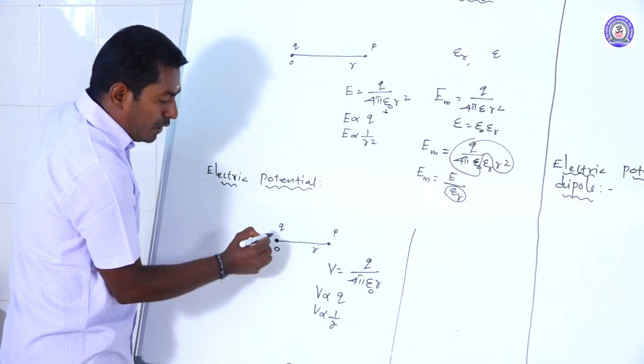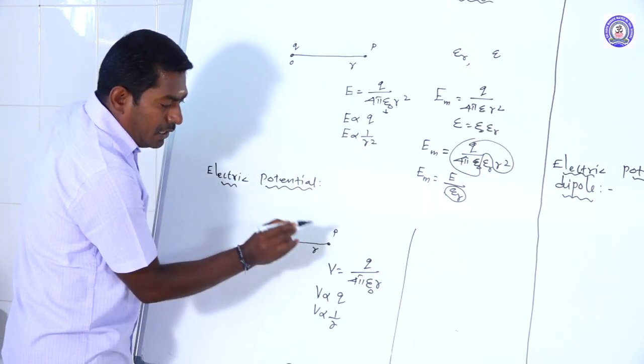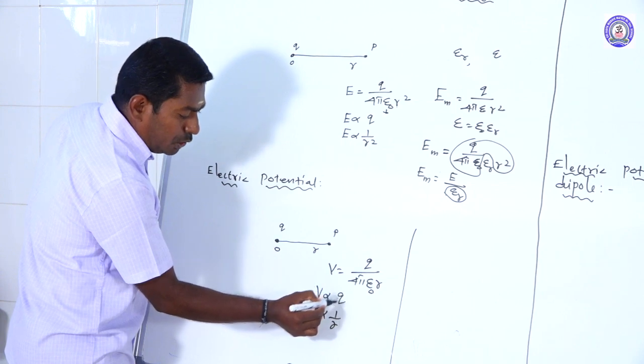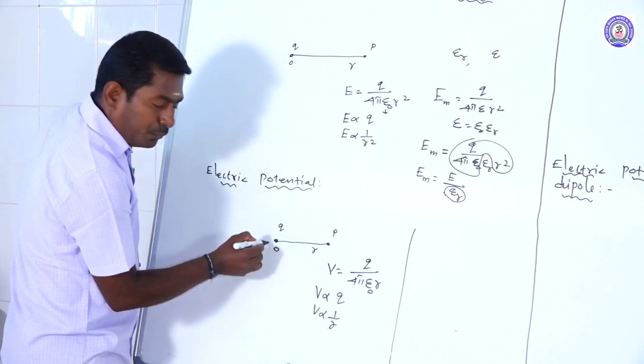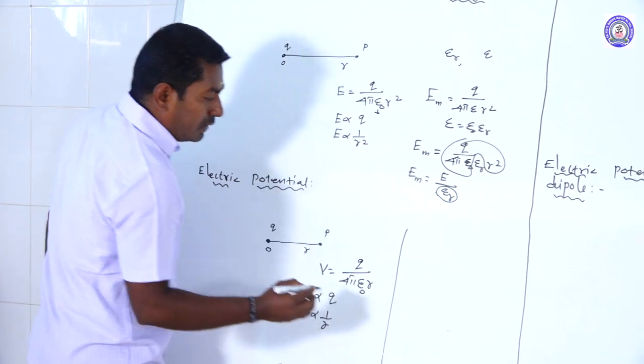Then the electric potential produced by the point charge near it not only depends upon the magnitude of charge and the distance of the point from the point charge, but also depends upon the medium.